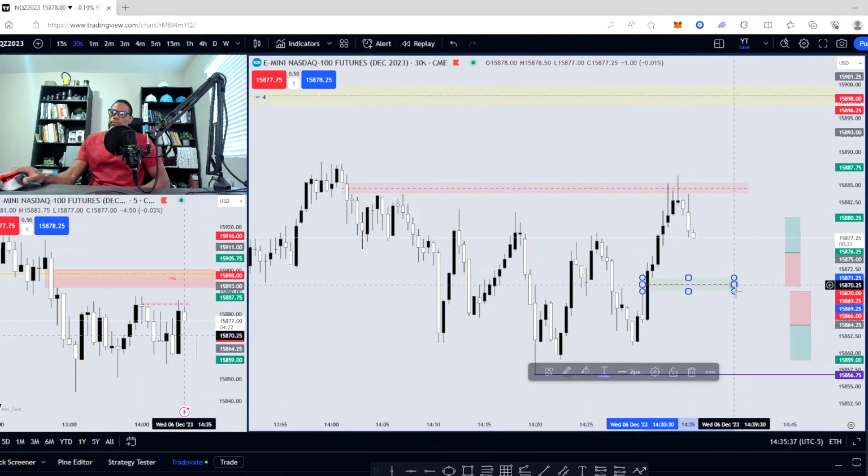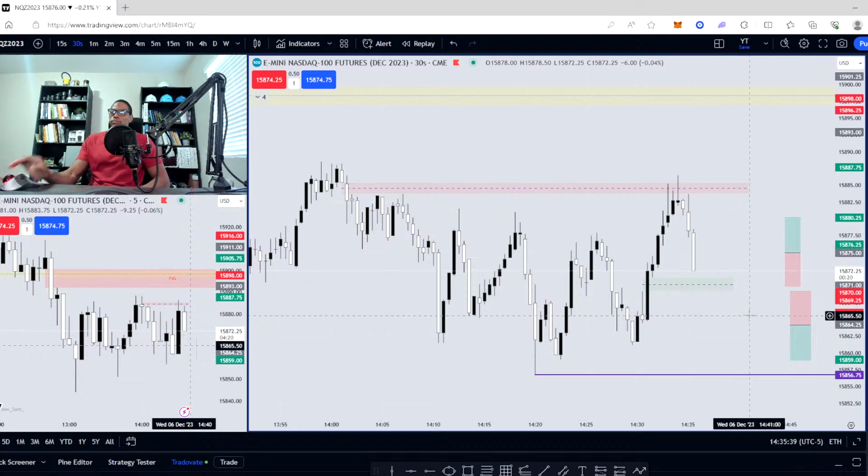Okay. Price prints lower candles. Let's see if this fair value gap will hold. Maybe we get a bounce between these two levels for a few candles.